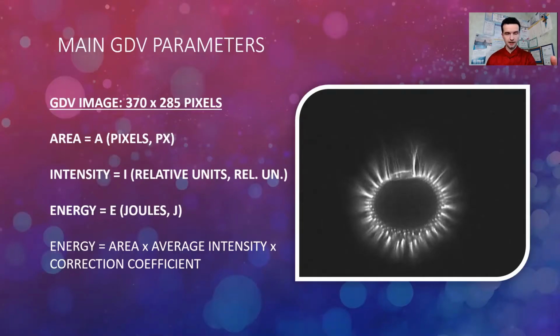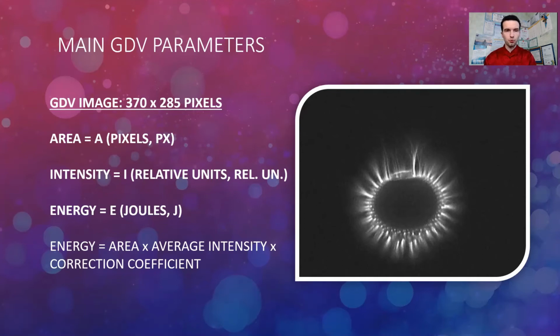Once again, our main parameters in the processing of the digital image are area and intensity, and an indirectly calculated parameter, energy: area times intensity times a specific correction coefficient for biowell devices. That gives us the energy of the absorbed light.